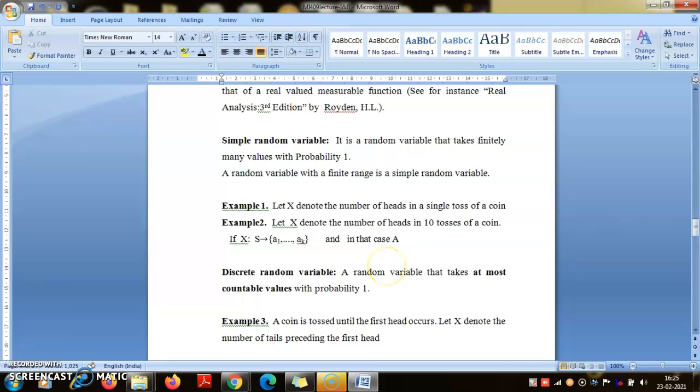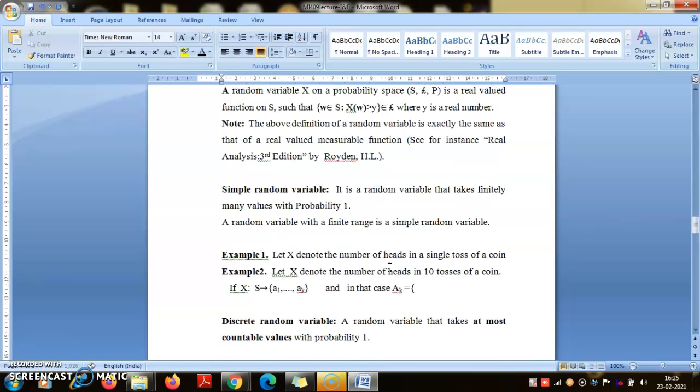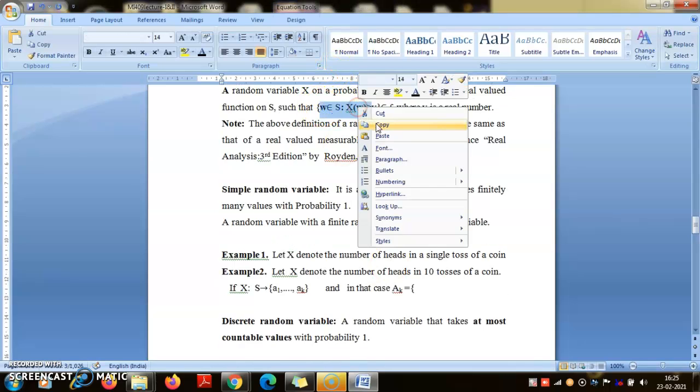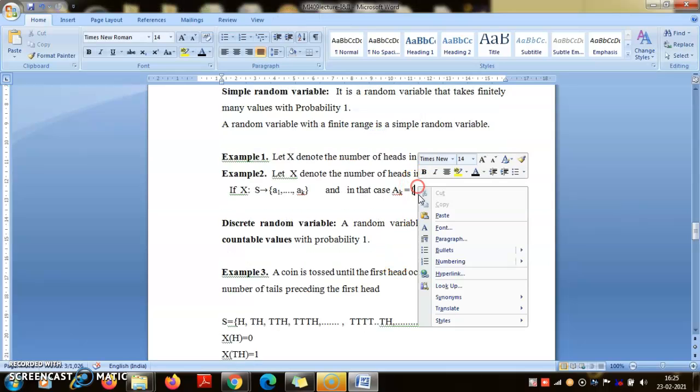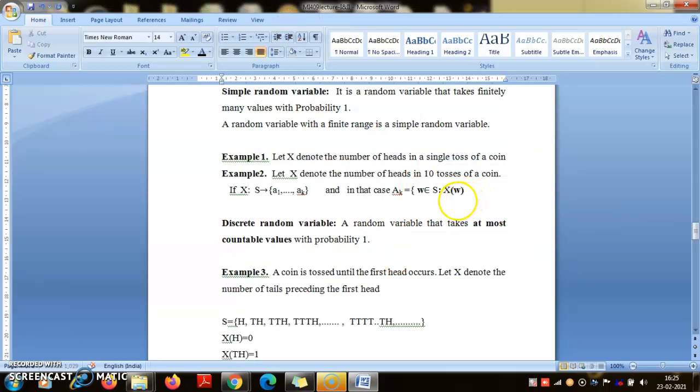So if I define a set Ak equal to {w in S : X(w) = ak}, let me make it m, then it will make sense.